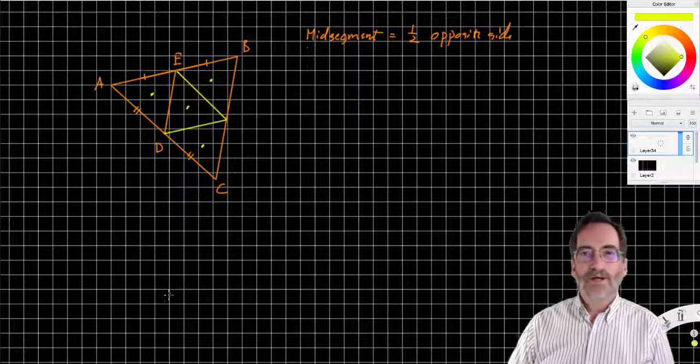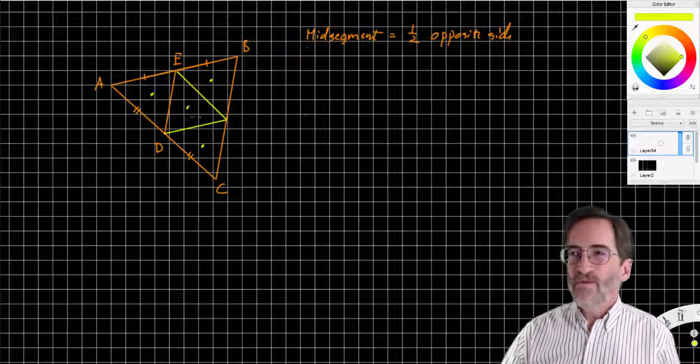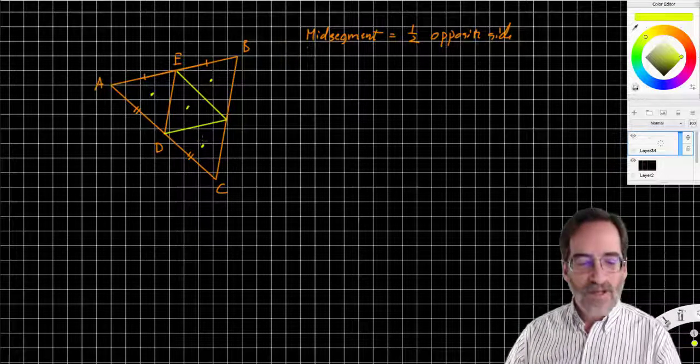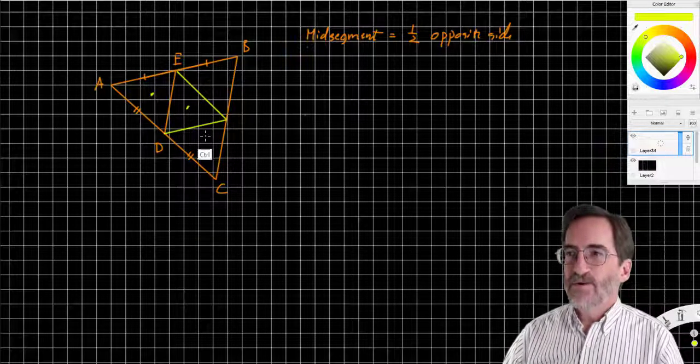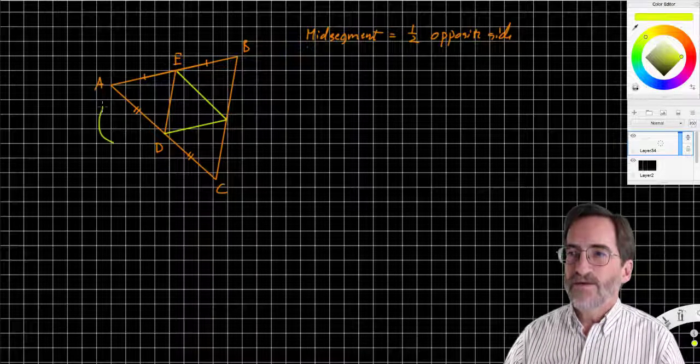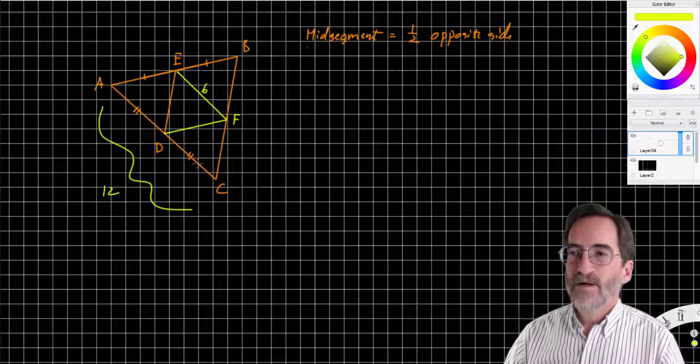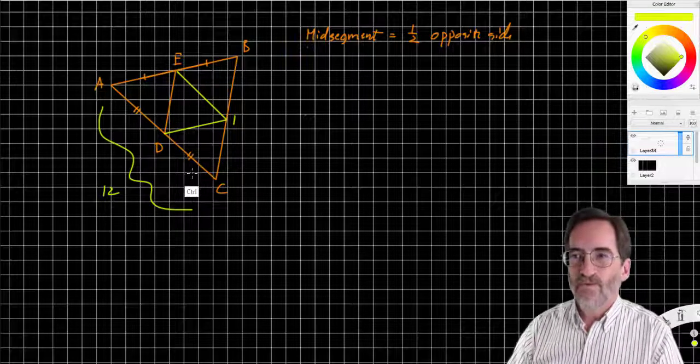And every one of them is half the opposite side. So in other words, let's say this is 8, then this is 4. If AC is 12, then EF is 6. And so on and so forth.